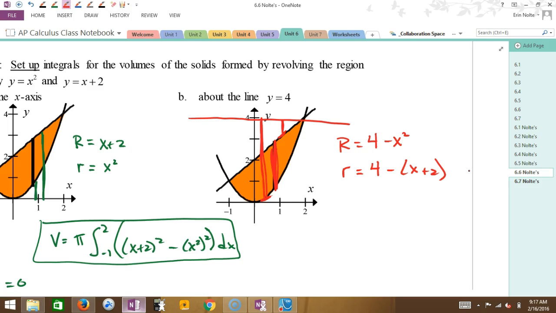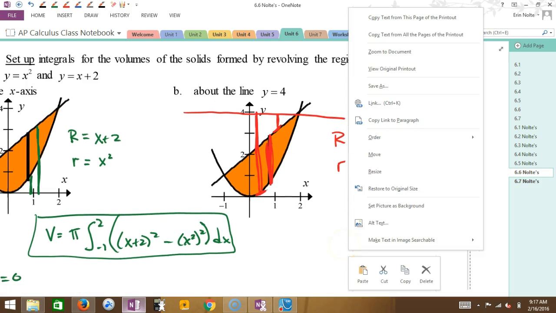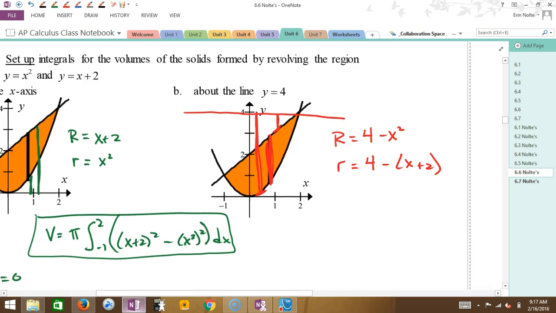How come I didn't do minus on the first? Which first are we looking at? You're good? Okay. I probably should have asked this earlier: are we doing this in terms of a dx or a dy? If we're going around the y equals 4, no? Because it's perpendicular, it's in terms of x, it's a dx.